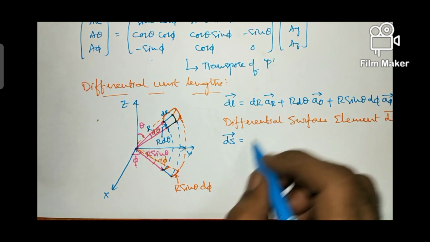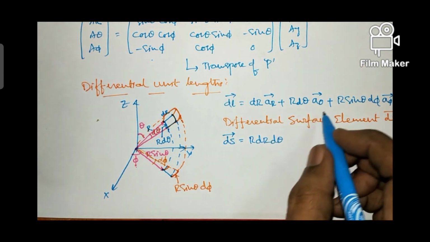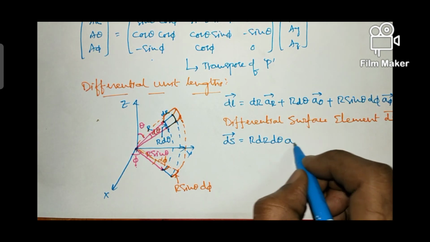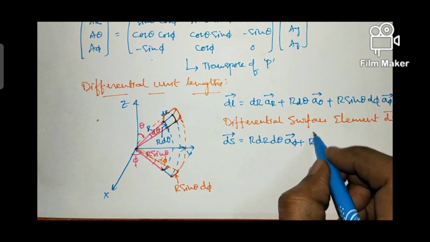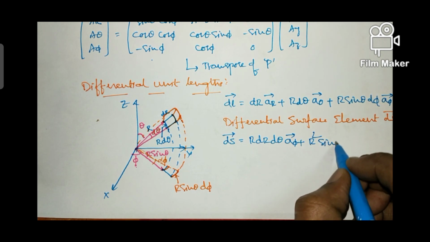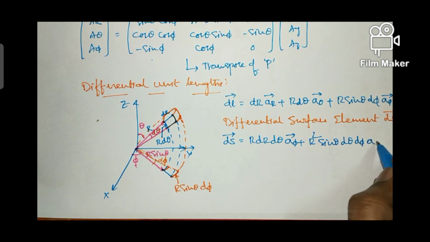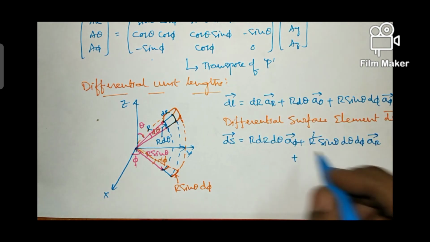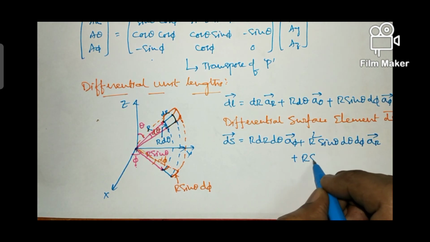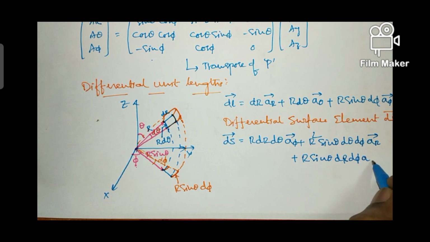So here if you consider the first two, we get r dr d theta, and it will be in the third unit vector direction a phi bar. And if you consider the second and third, we get r square sin theta d theta d phi into ar bar. And if you consider the product of first and third, we get r sin theta dr d phi into a theta bar.